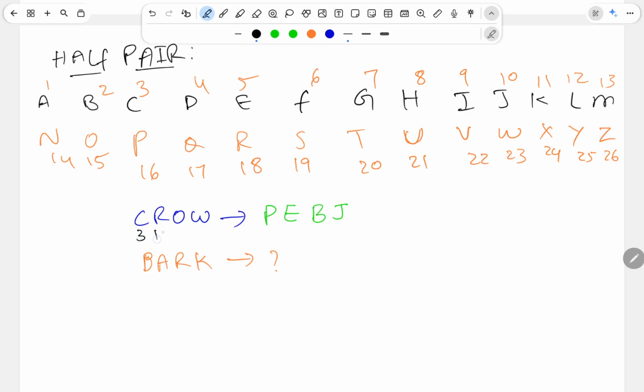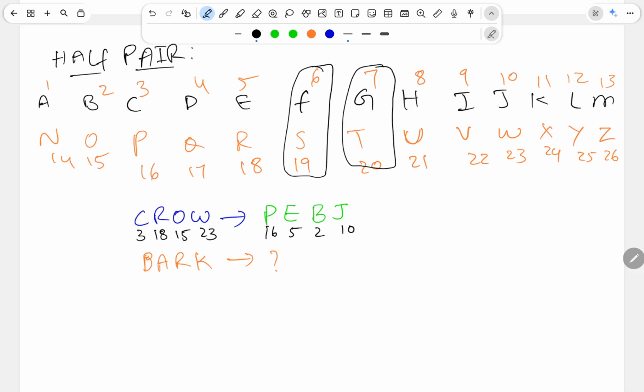C is 3, R is 18, O is 15, W is 23. And P is 16, E 5, B 2 and J 10. See the corresponding letters, C to P, the difference is 13. See that the opposite letters' difference is 13. It is called half pair. So in the place of that corresponding letter I am taking C to P, R to E, O to B and W to J.